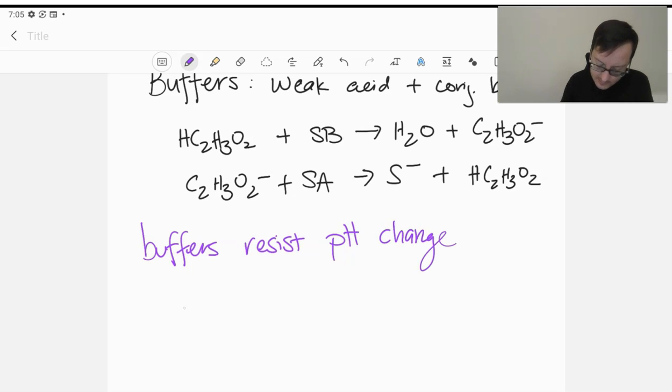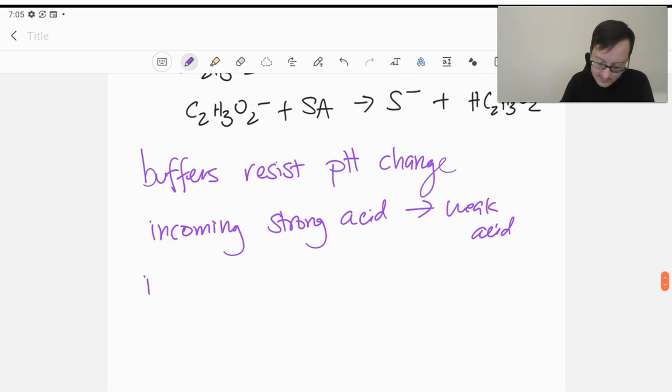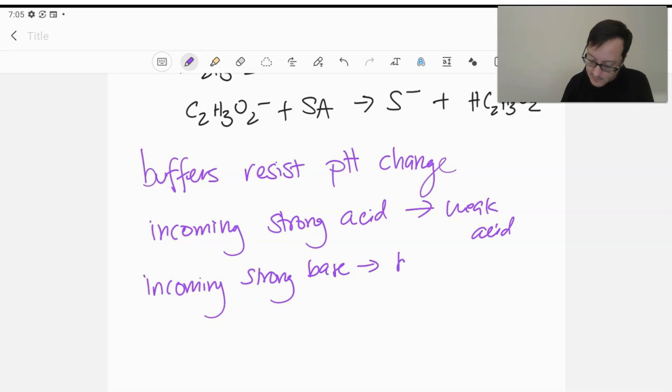They take incoming strong acid and effectively turn it into a weak acid by reacting the conjugate base away. And on the other side of things, if they have incoming strong base, they will turn that into a weak base.